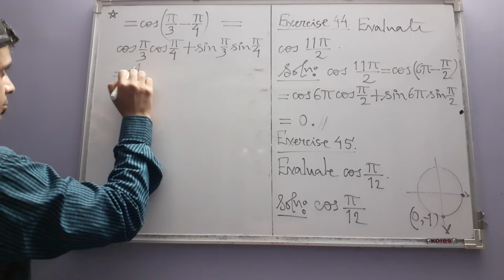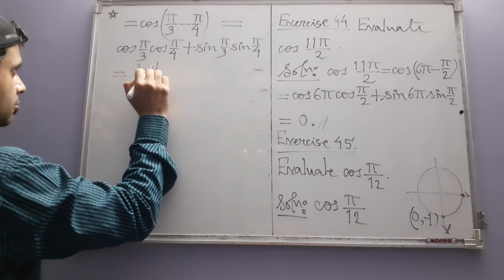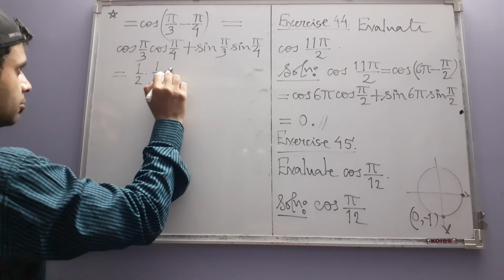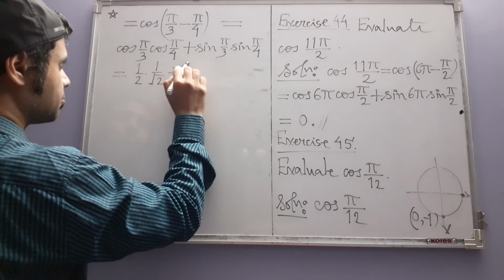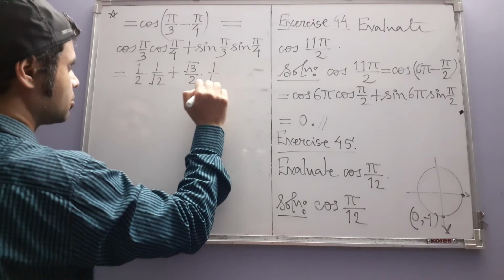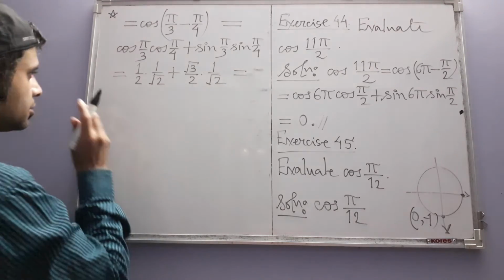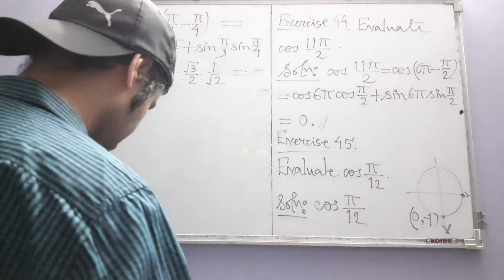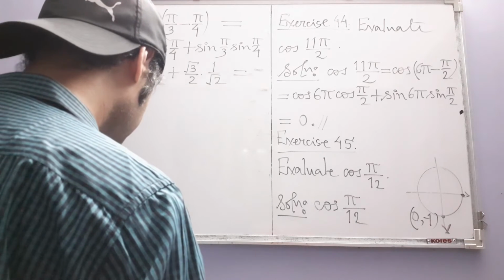Again, it's like that one. Sin pi over 3 is this.